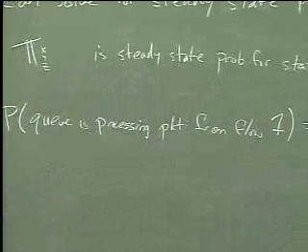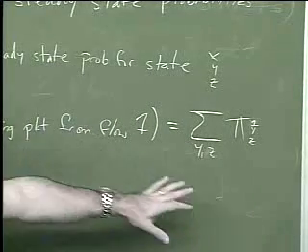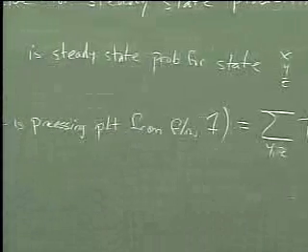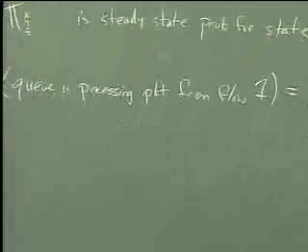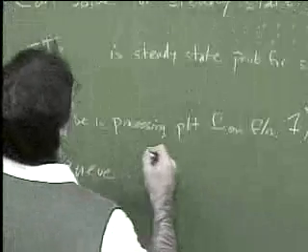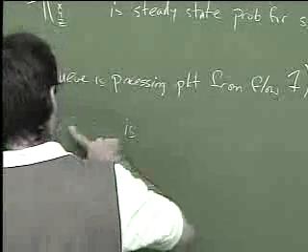I solve for the steady state probabilities, and then I sum over all the probabilities that correspond to the states where I'm currently processing flow 1. Okay? Let's say the processor is empty.